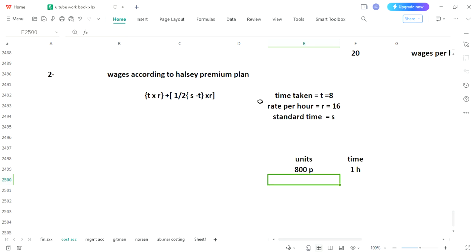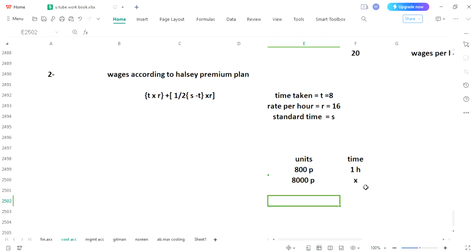So how much time was needed to manufacture 8,000 pieces? This is our requirement. Why are we calculating? To calculate the standard time of its production. Since the standard given is that 800 pieces are made in 1 hour, how much time would be taken to produce 8,000 pieces? Again, a simple calculation, cross multiply.